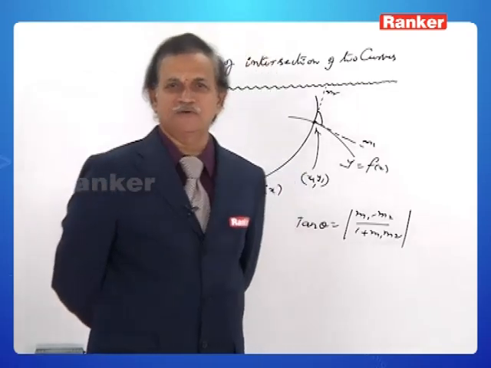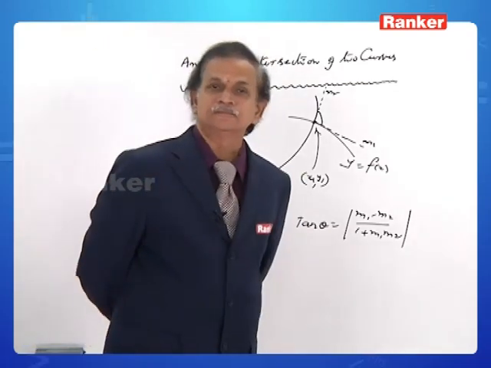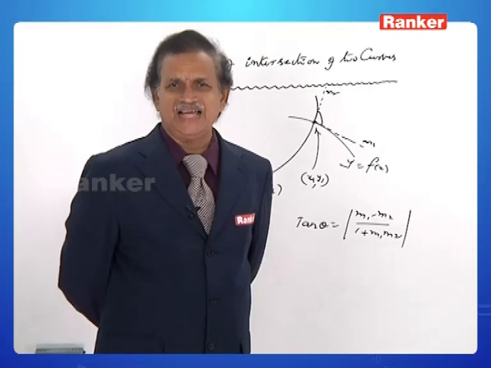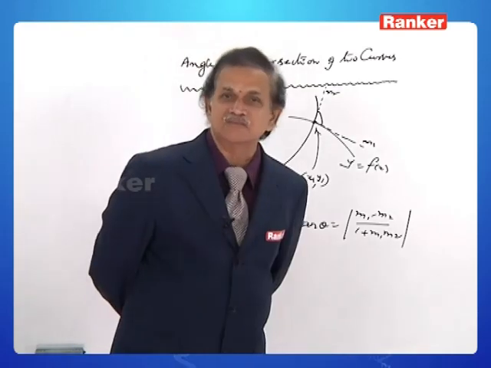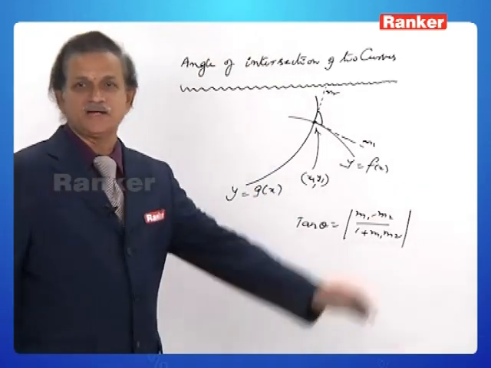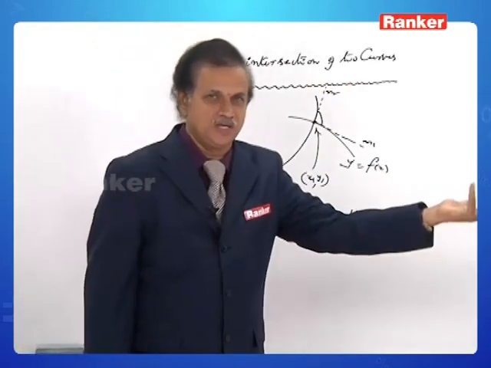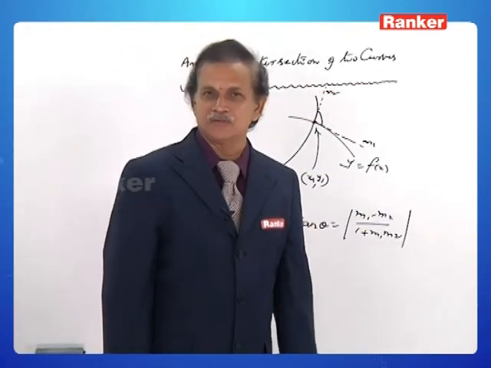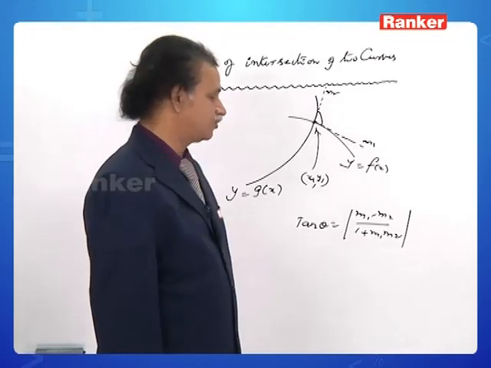From the knowledge of coordinate geometry, we recall that the angle between those two tangents drawn at one of the points of intersection, that is x1, y1, is tan theta is equal to m1 minus m2 by 1 plus m1 m2.